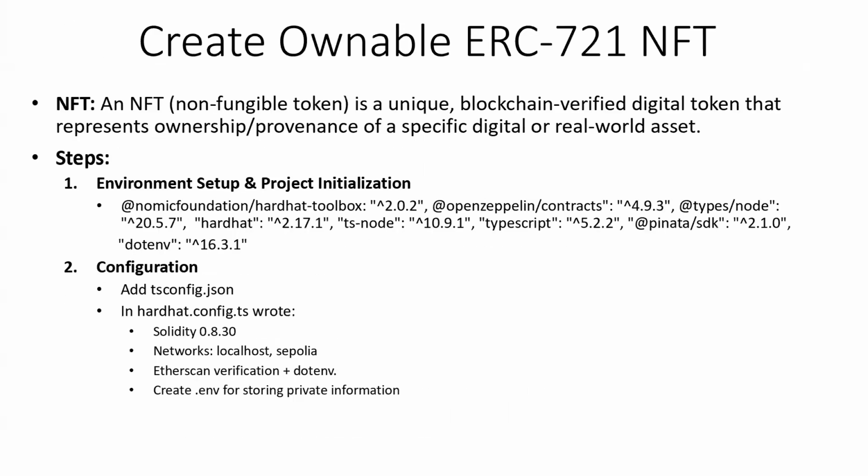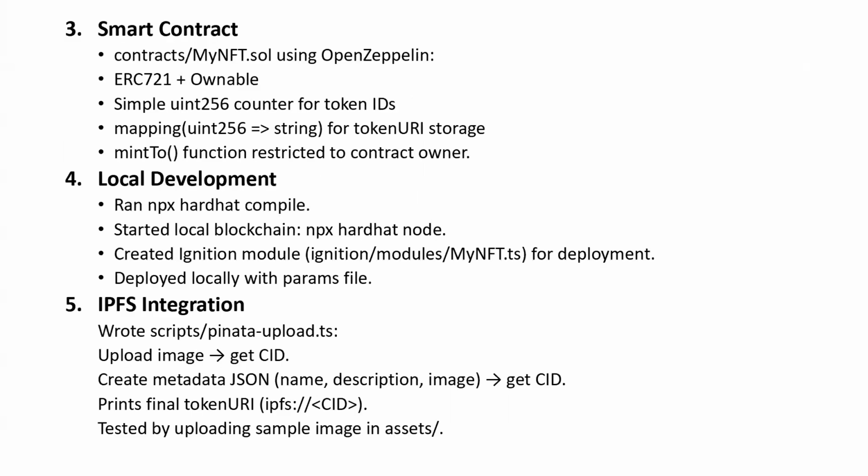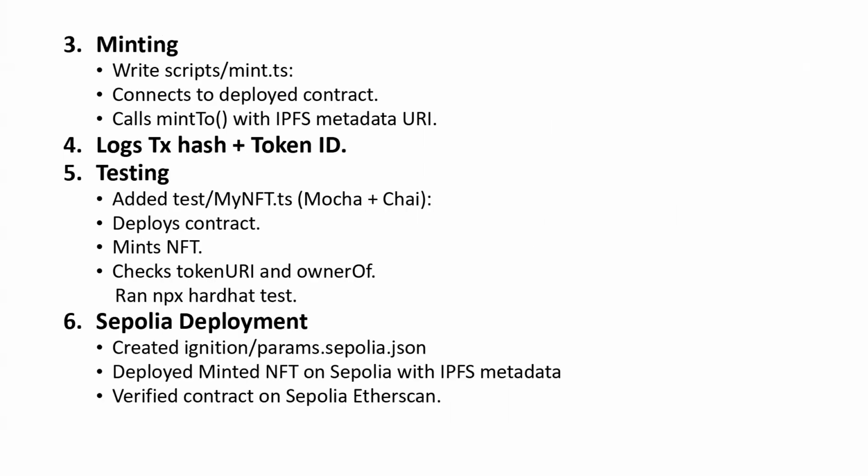We will create the environment, we will set the configuration, we will write a smart contract, we will deploy it locally, then we will integrate it with our asset, we will mint it, and we will test this minting, and finally we will deploy it to the Sepolia test network.